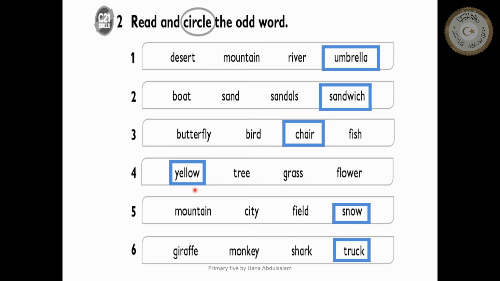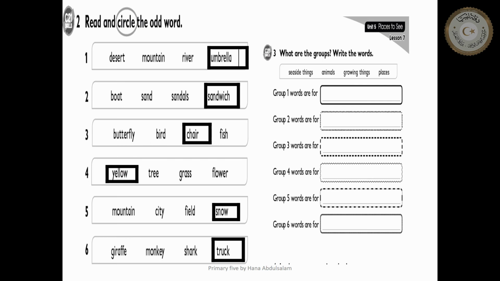So yellow is out. Number 5, mountain, city, field, snow. We need to circle snow. The last one, giraffe, monkey, shark, and truck. Here we have truck. It's out. So now we finish number 2 and we circle umbrella, sandwich, chair, yellow, snow, and truck.